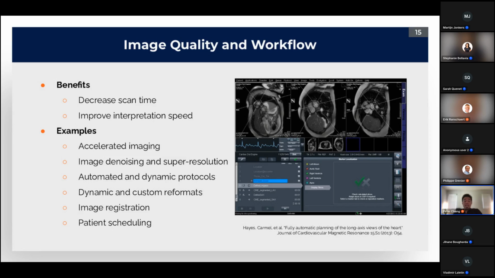Here's also another example of automated and dynamic protocols. So the ability to take a very complex cardiac MRI, and rather than having a technician manually prescribe all the required views, to in fact have that prescription be performed dynamically and automatically without human input. And finally, of course, all these improvements may lead to improved interpretation speed.